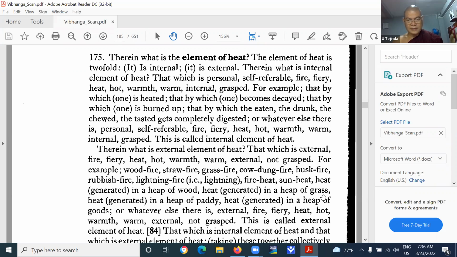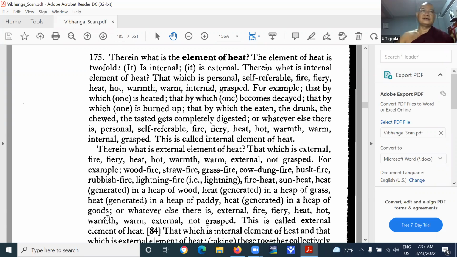Dinya Sanitya Sandapo, Dinya here, paddy. So where you burn the paddy, there is heat, this kind of heat. Banda Sanitya Sandapo, Banda, heat generated in a heap of goats. Banda, any kinds of goats. Yawa Banyabi Ati Bahira de Jogada.